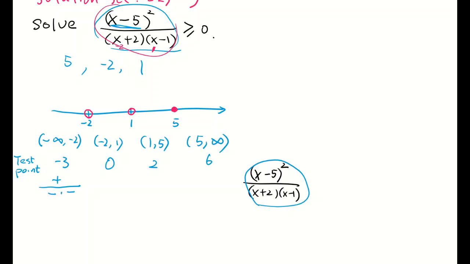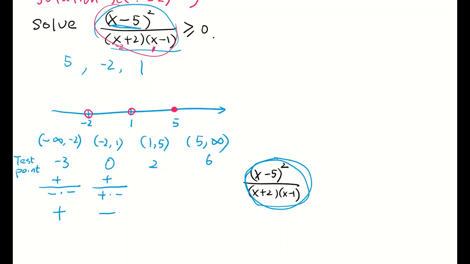So overall, positive divided by negative times negative: on top is positive, on the bottom is positive, overall positive. Now try 0. 0 minus 5 squared, positive. Anything squared is either 0 or positive. 0 plus 2, positive. 0 minus 1, negative. Overall, negative.